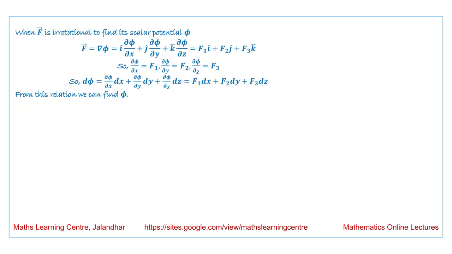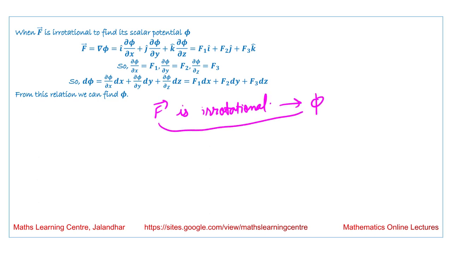So f vector is irrotational, and to calculate the phi, that is the scalar potential corresponding to this f vector, we write f vector equal to del of phi.